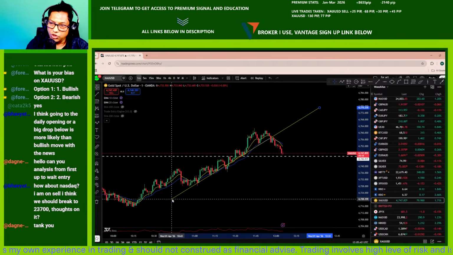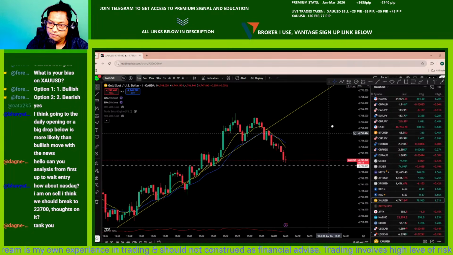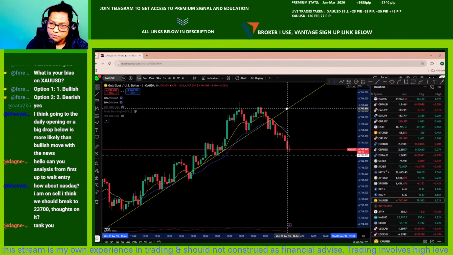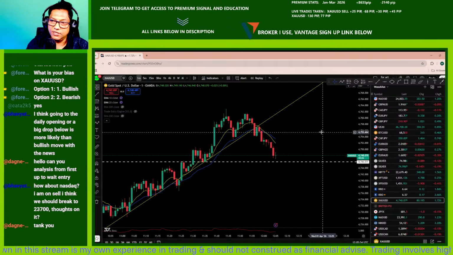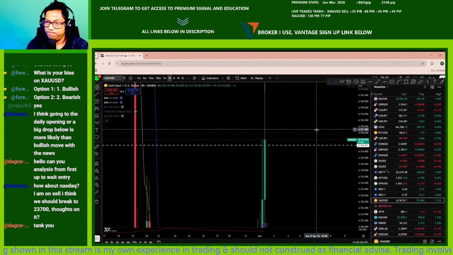I'm just drawing the trend line here, okay, on the 1 minute. And in that trend line, you can see that there is a breakout structure, so it might now deepen further here.